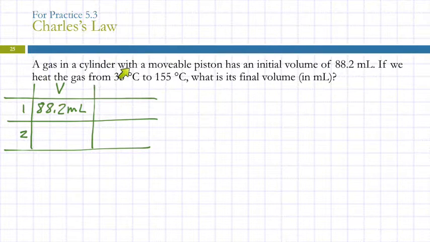So here we're heating the gas from this temperature to that temperature. This was our initial volume. This is our initial temperature. Those two go together. Make sure you get your numbers paired up correctly. So 35 degrees Celsius. And then the second temperature is 155 degrees Celsius. And I'm going to label this column T because these are temperatures.